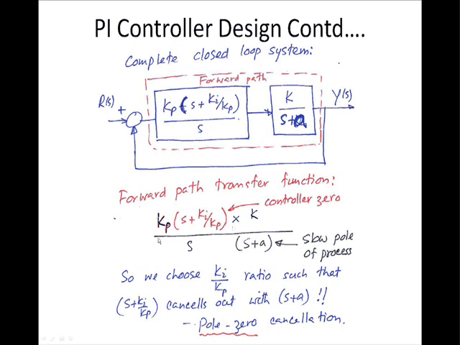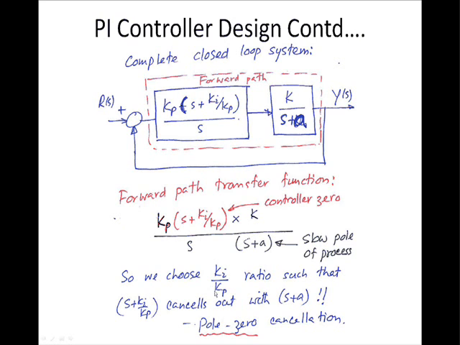Sorry. And then if I consider the forward path transfer function, the total transfer function, which is the product of this transfer function and this one, you can see that I get kp times (s plus ki over kp) into k divided by s times (s plus a). If you look at the controller zero and the slower pole of the open loop transfer function, you can see the possibility of choosing ki over kp such that we cancel out the s plus a slower pole in this forward path transfer function.